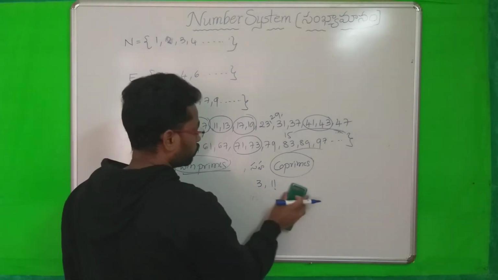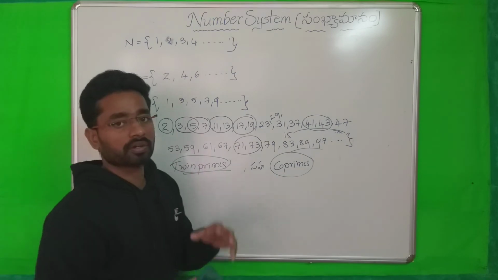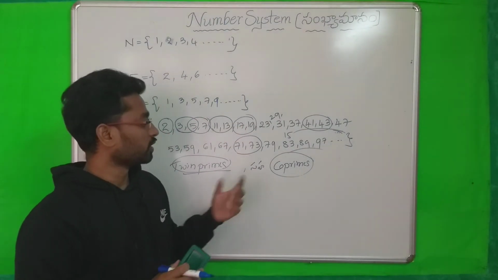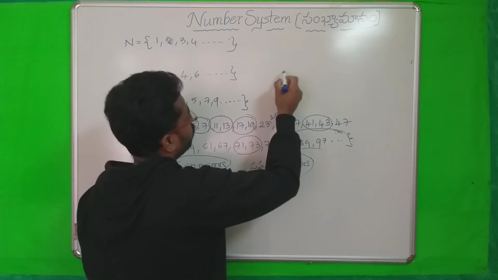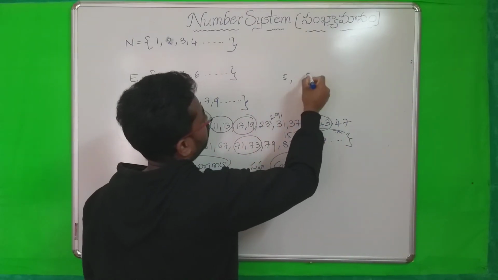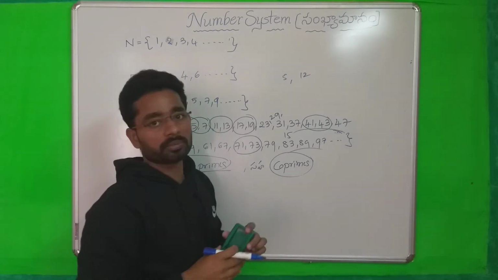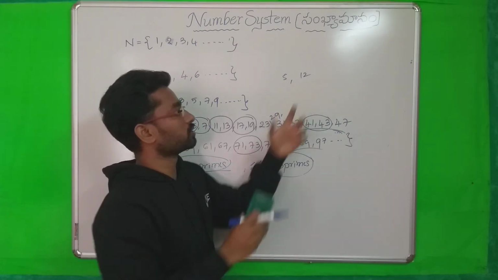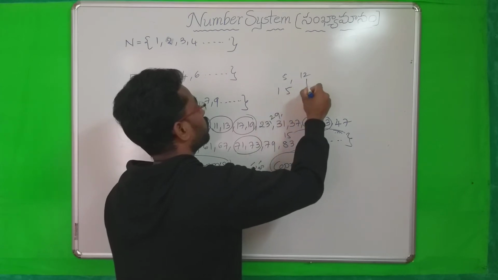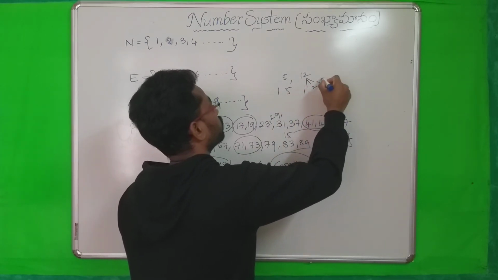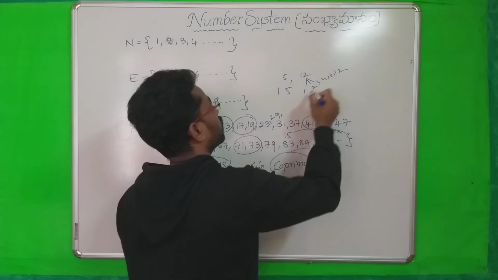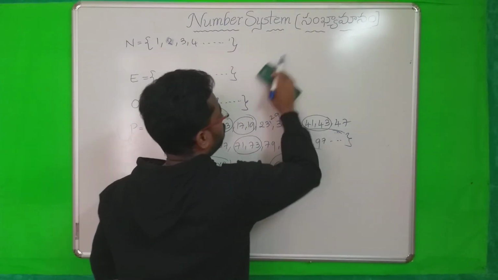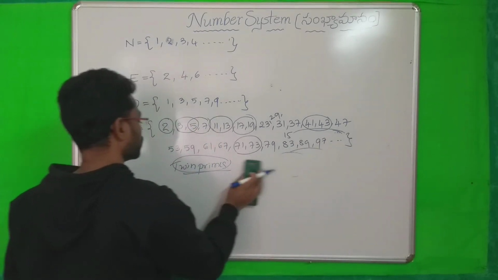So if you take any pair of primes, you can say they are co-primes also. But without primes also we can say, for example 5 and 12, these are also co-primes, because 5 has only factors 1 and 5, and 12 has 1, 2, 3, 4, 6, 12, but the common factor is 1. This pair is called co-primes, saha pradhana sankhyalu.